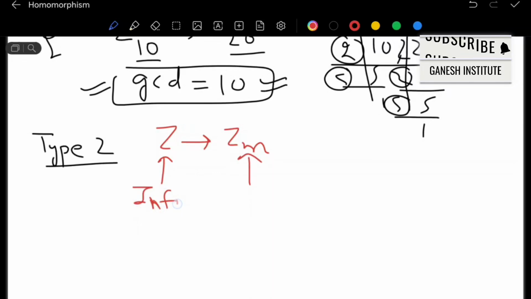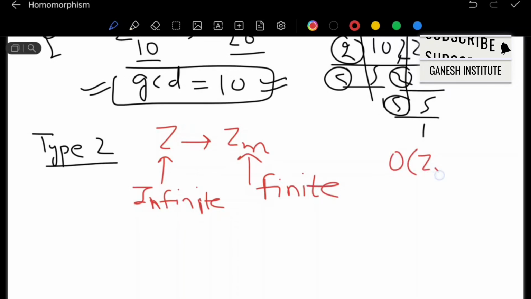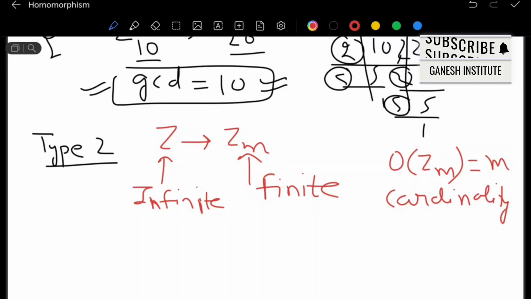We don't know the cardinality, we don't know the number of elements. And this is a finite group, m number of elements are there. Order of Zm, or cardinality, or number of elements. How many elements are there? m, starting from 0 to m minus 1.